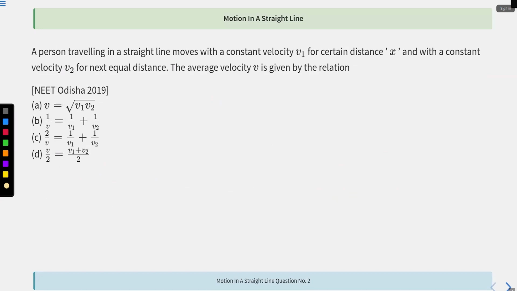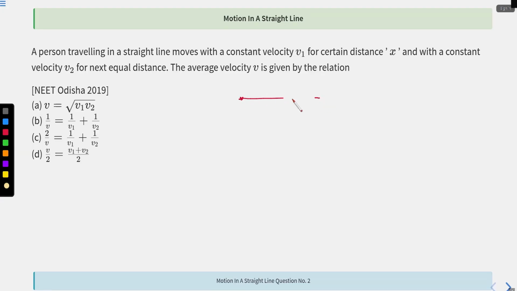A person traveling in a straight line moves with a constant velocity v1 for a certain distance x. All right. So they are saying that it's a straight line motion with a constant velocity v1 for a certain distance x, and with a constant velocity v2 for the next equal distance. Then what is the average velocity v? So what they have said is that a person has started from some particular point.